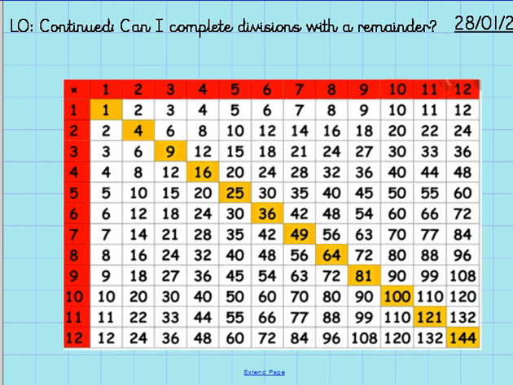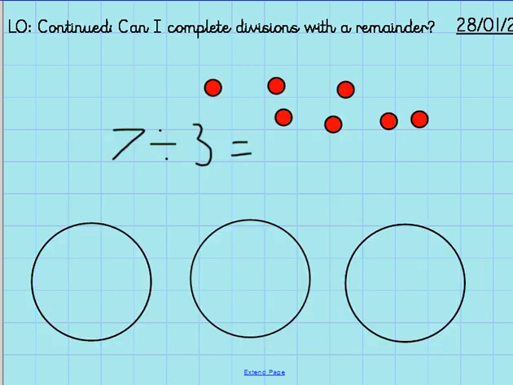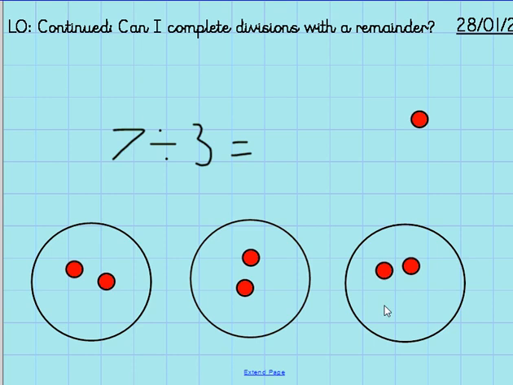So yesterday we started by looking at this example when we were looking at remainders, and we said if we wanted to divide 7 by 3, we could start sharing equally. But what would happen at the end is we could equally get 3 groups of 2, but we would have 1 remaining.